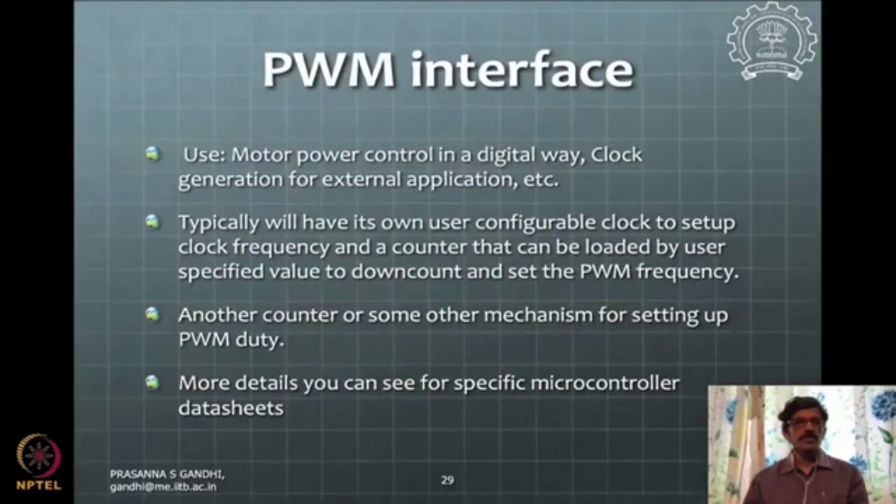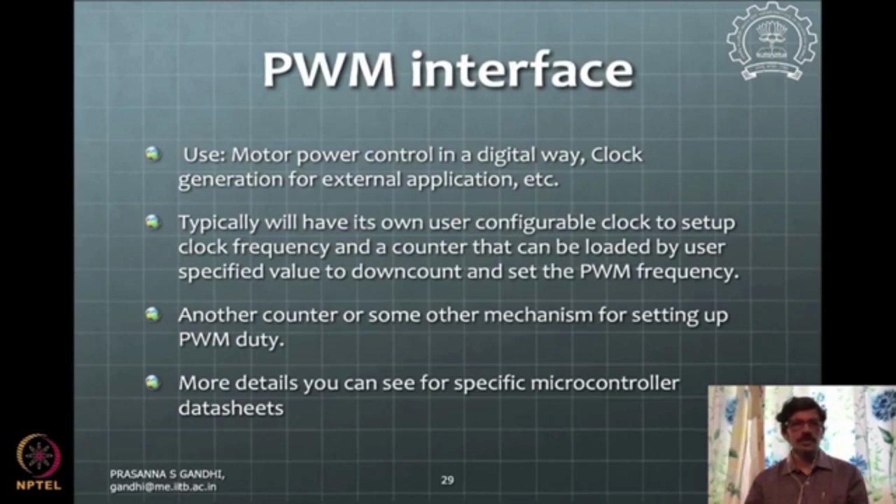Now we come to this PWM interface, which stands for pulse width modulation interface, and this is a very important interface for mechatronics engineers, because you can use this interface for driving many different kinds of actuators, or you can use it for clock generation for external peripherals. There are many different ways this interface can be used, but the most important is driving the actuators.